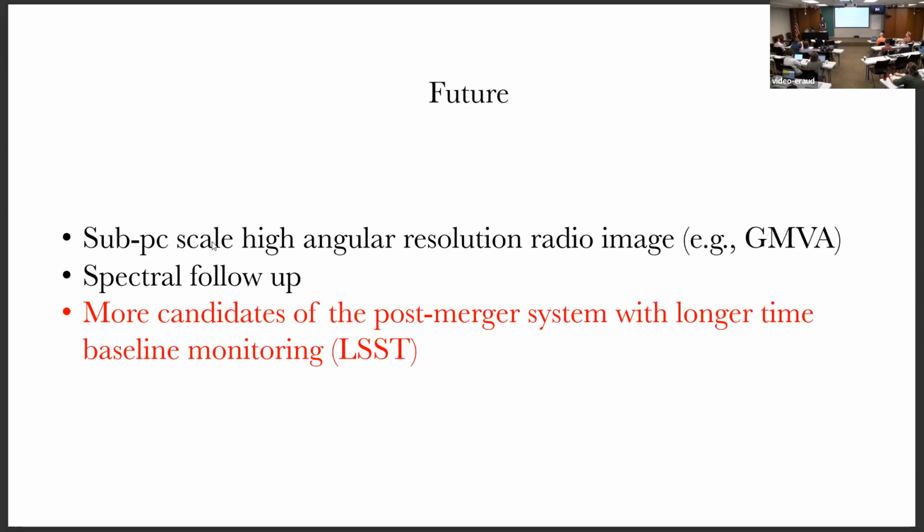Clearly, some of them show just a long time scale, which is not well described by the canonical damped random walk process. Then we will be able to find some interesting candidates to figure out and monitor with other follow-up instruments, to see what's really happening for those interesting rare objects, which potentially relate to changing-look AGN. This is all I wanted to say.